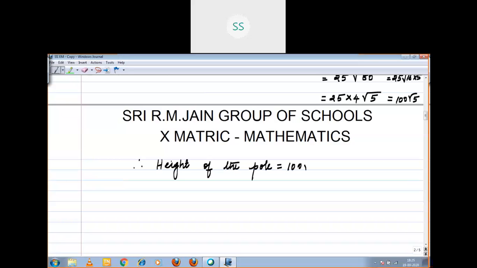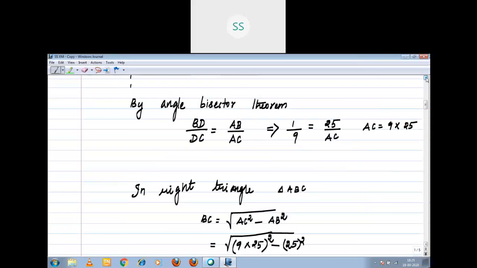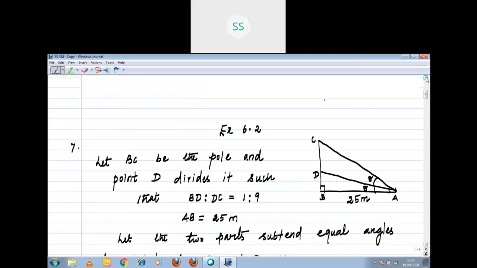What is it? 100 root 5. Now, what is the height of the pole? Therefore, height of the pole equal to 100 root 5.